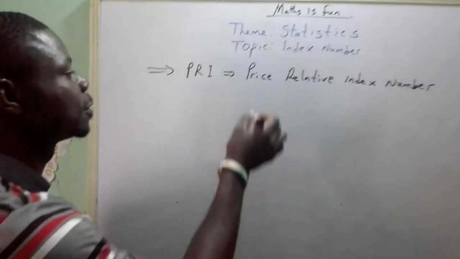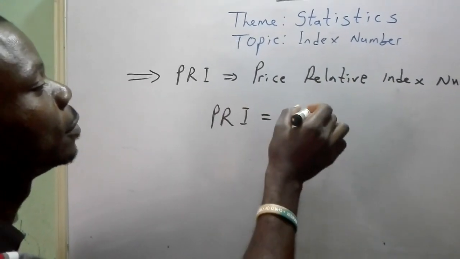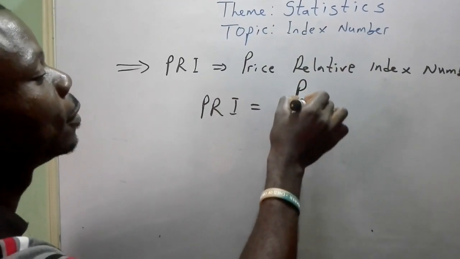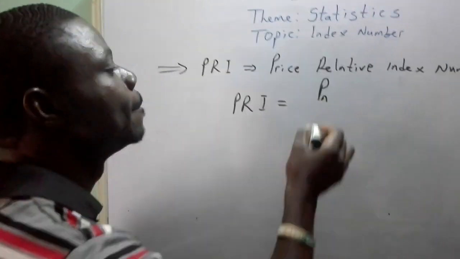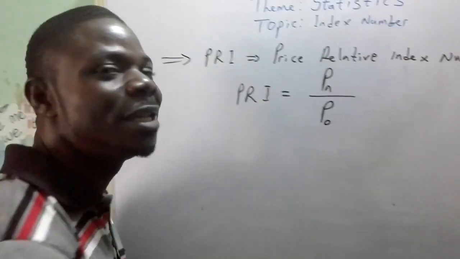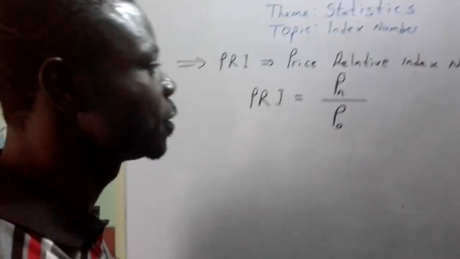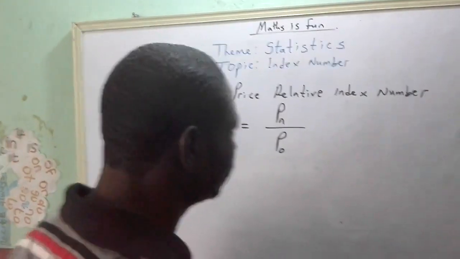And it's given as PRI is equals to the price of a given commodity in a given period by the price of a given commodity in a specified year. Because I told you that specified year is also known as base period.